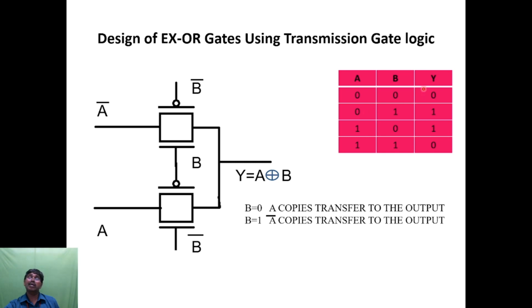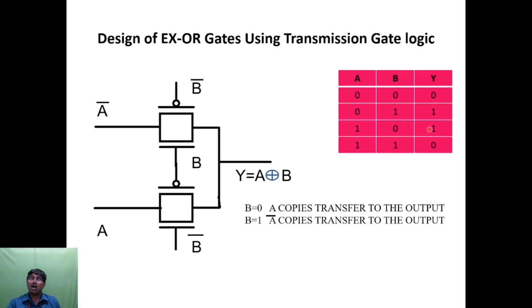Now we will see the first case, control input is equal to 0. Here it is 0 and here it is 0. Now check the condition. Here it is 0, check the data value. Here data value is equal to 0, the output will be 0. And what about here? Here data input is equal to 1, so 1 will be transferred.